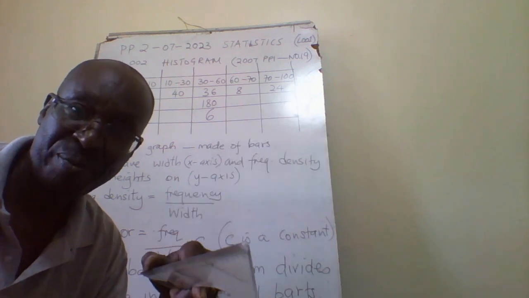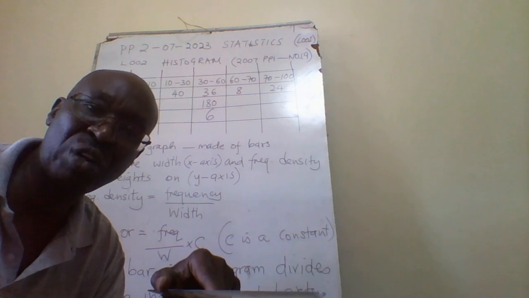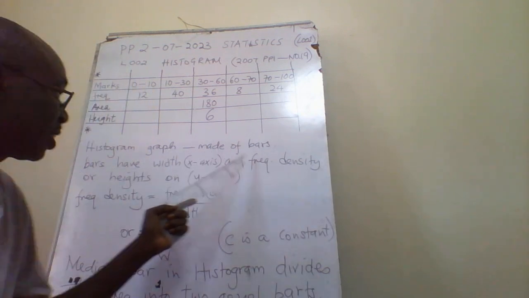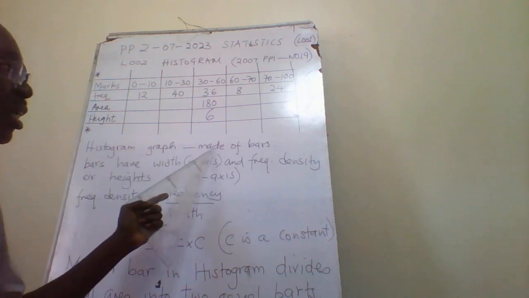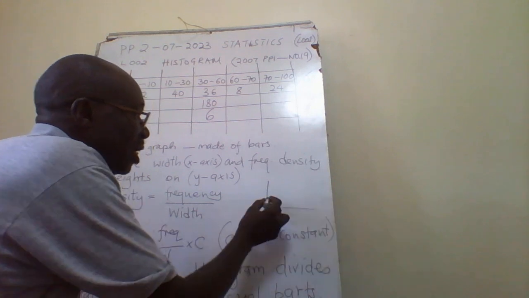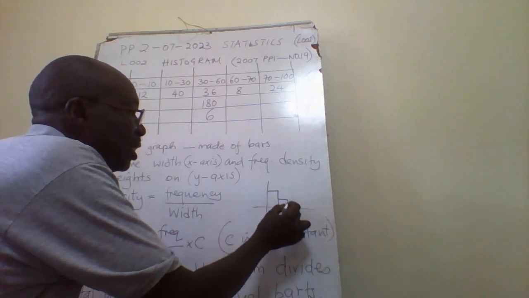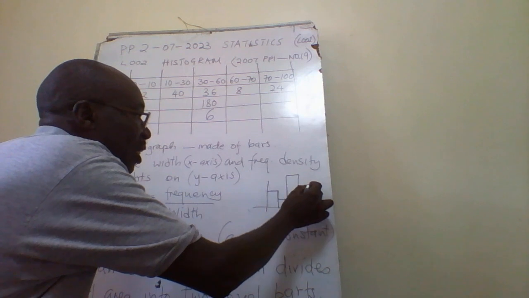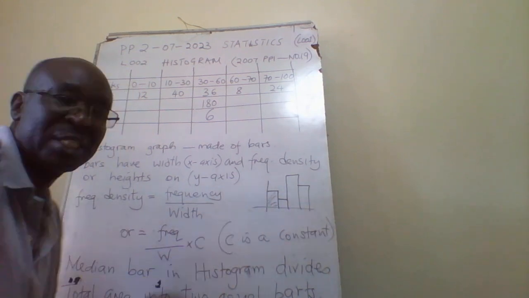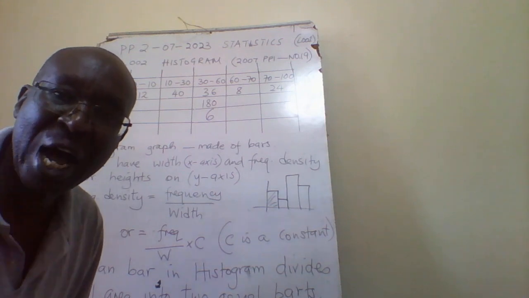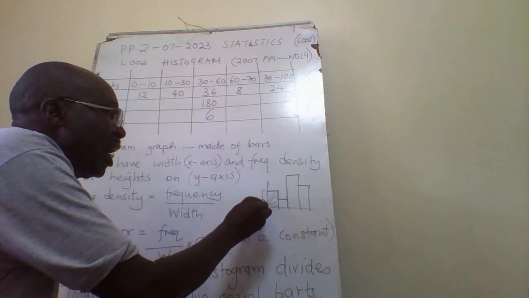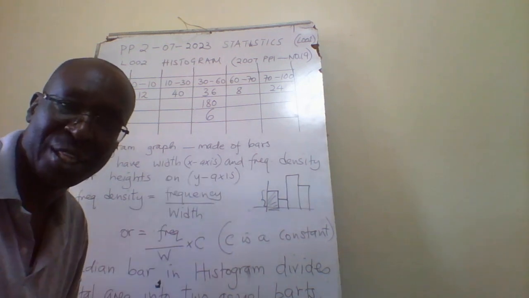In what sense? When you are doing a histogram, in other words, it is made of bars. They are just bars. You'll get bars like this, others are long like that. And a bar has an area from the fact that we have the height and we have the width.